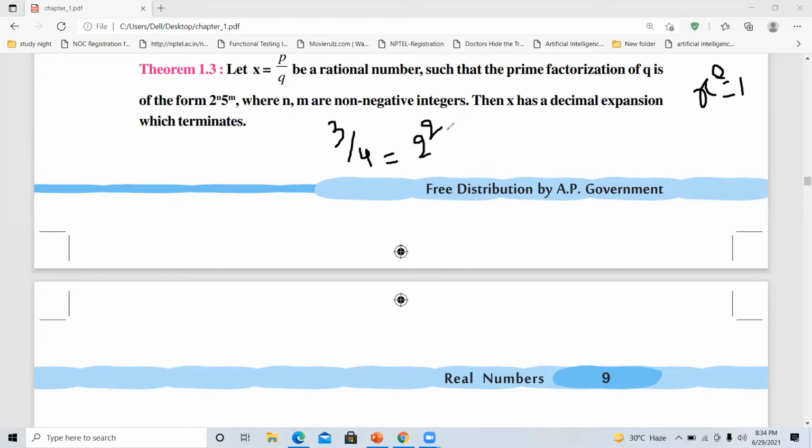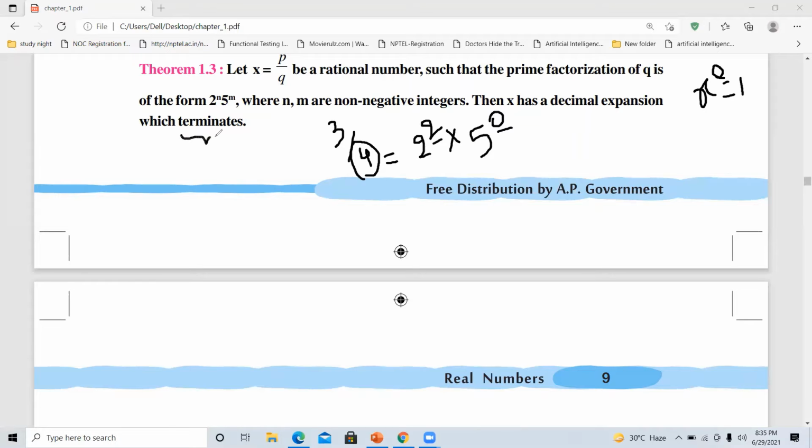So we can write 4 as 2 square into 5 power 0. Since we can express the denominator q in the form of 2 power n into 5 power m, where n, m are non-negative integers, we can say that x has a decimal expansion which terminates.